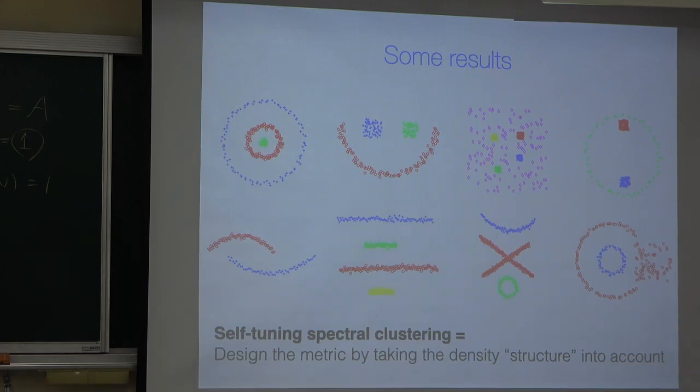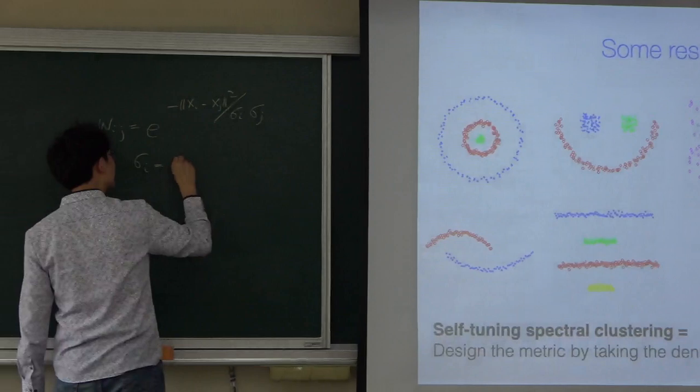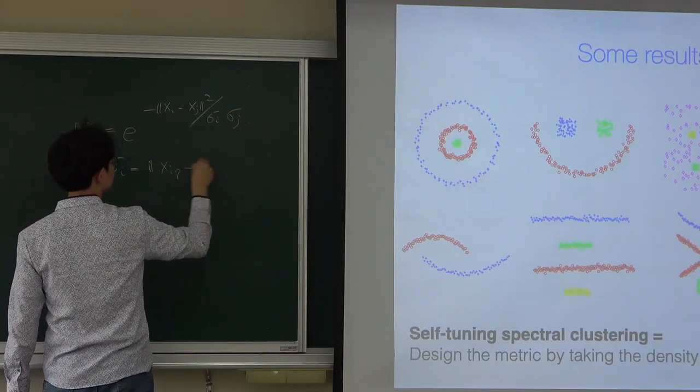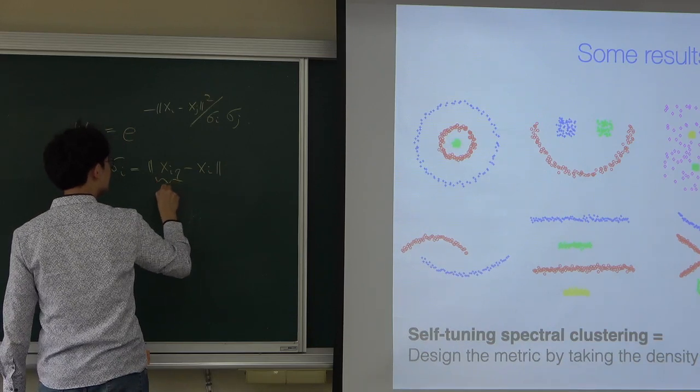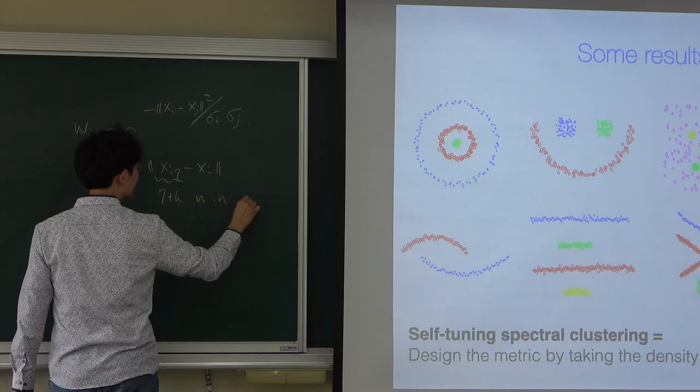So you have to define Wij. What you do is you construct the squared distance ||xi - xj||^2, but with sigma_i and sigma_j, where sigma_i is the distance ||xi - xi7||, where xi7 means the 7th nearest neighbor of xi.